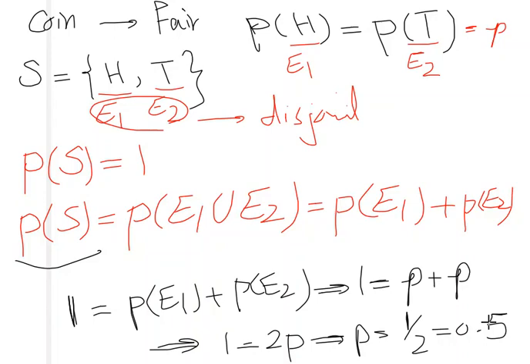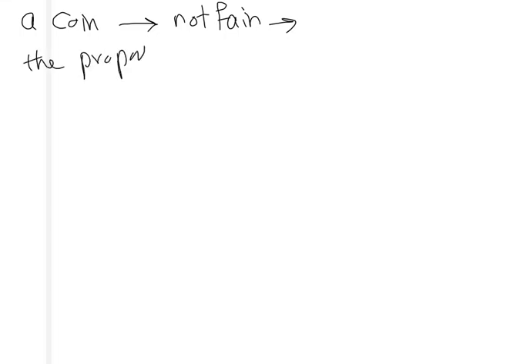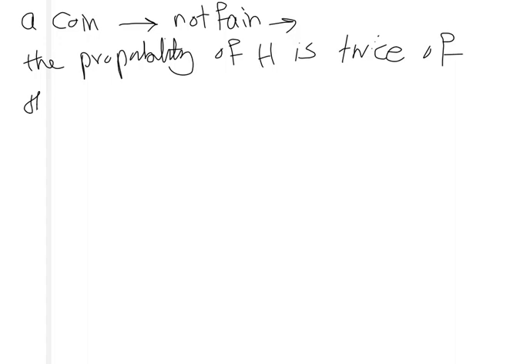But now consider that we have a coin that is not fair, and we know that the probability of heads is twice the probability of tail.